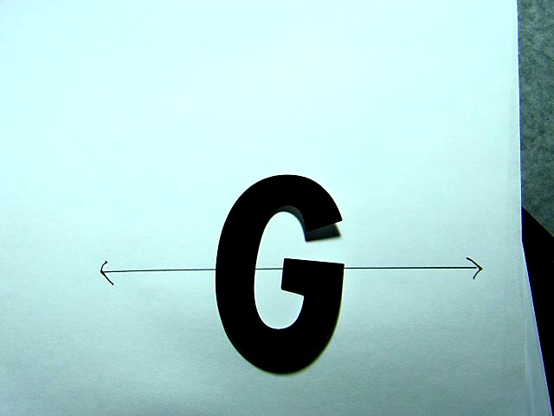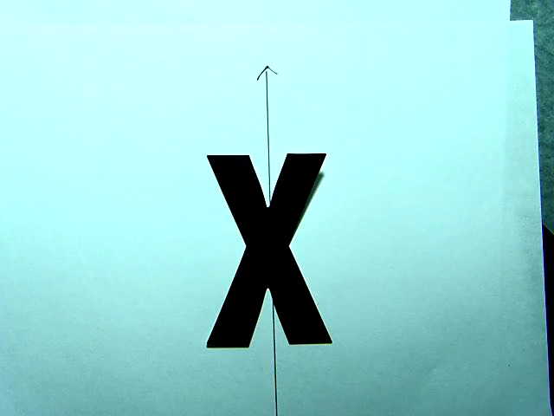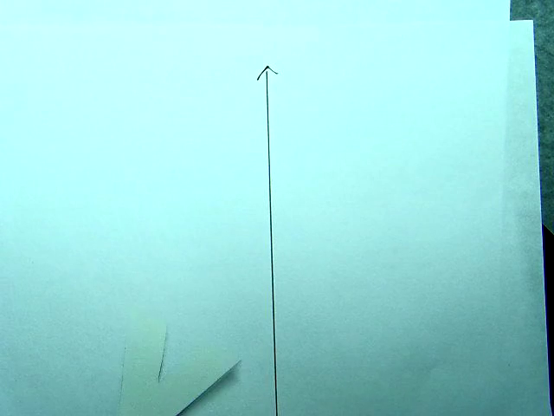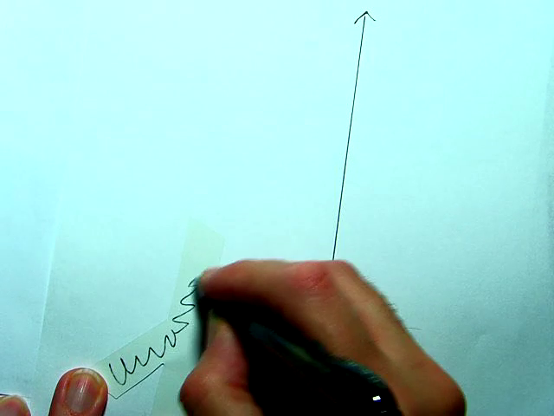But I mentioned that the letter X has several axes of symmetry, so let's take a look at X. And here's the letter X. Let's look at our vertical line, and let's place our X on our vertical line. Let me fill in the back part of X so it looks a little darker so we can see it better.